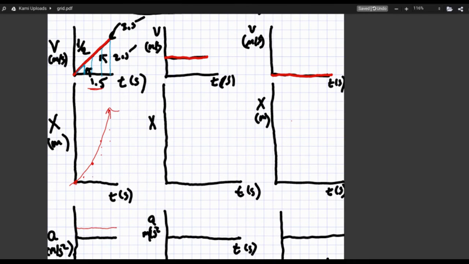Now, back up at the top here, we have in the second graph a horizontal line. So the area under a horizontal line should be diagonal, just like the area under the diagonal line was curved.